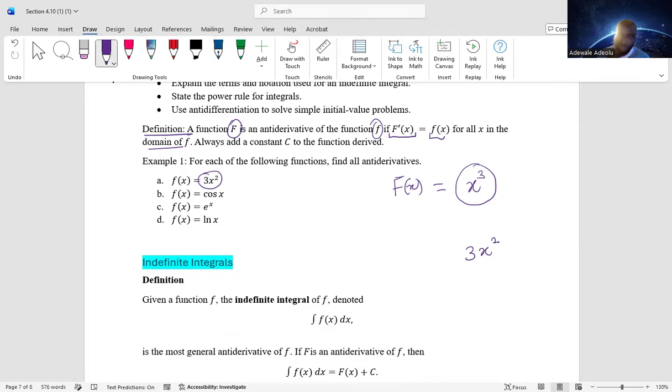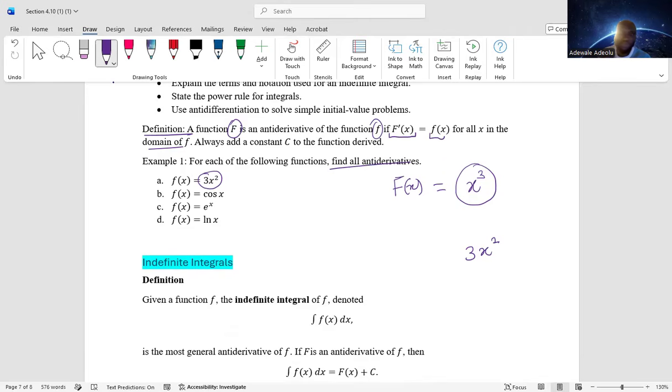We'll get 3x squared, right? Now, in this case, we want to find the antiderivatives, meaning that we will think of a function such that when we take its derivative, our result is going to be 3x squared. And in this case, we find one.